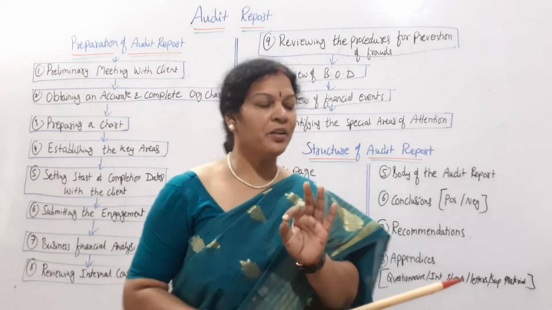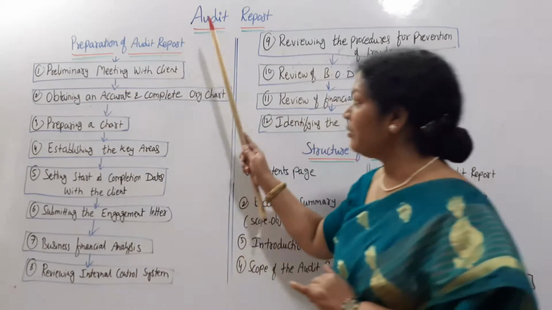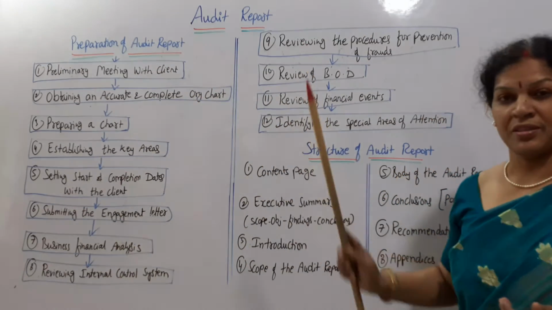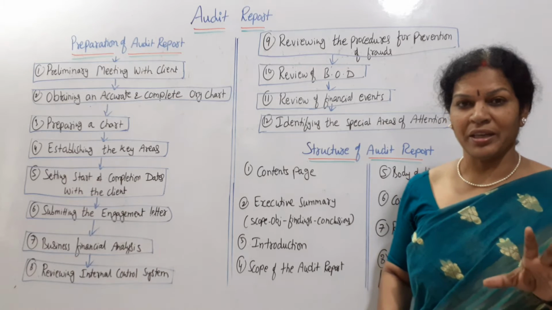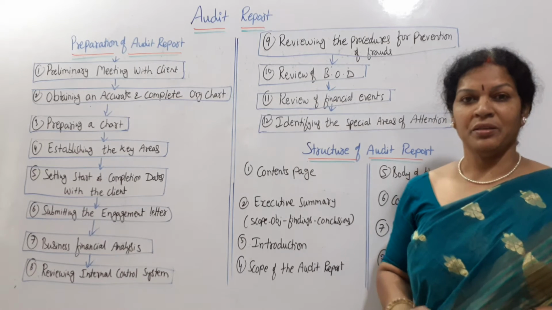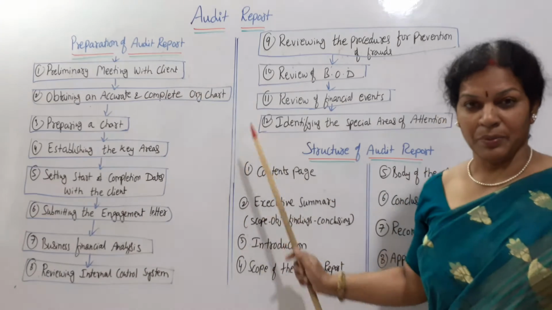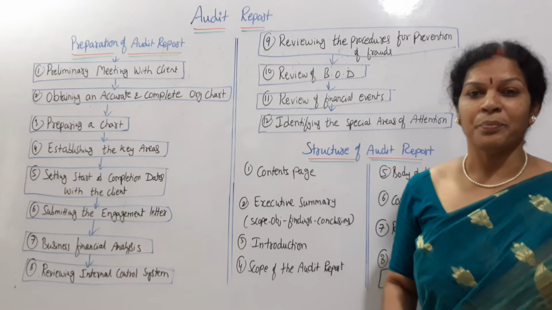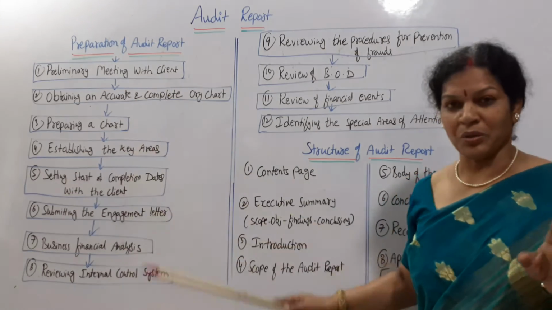He has to focus on those things. Once he has prepared and focused on these 12 steps, and gets a command over the work and what he has done and the main areas to be focused on, after all these 12 points he will get an understanding to write the audit report. Now he can write the audit report after these 12 steps.